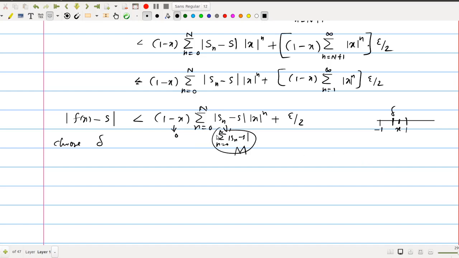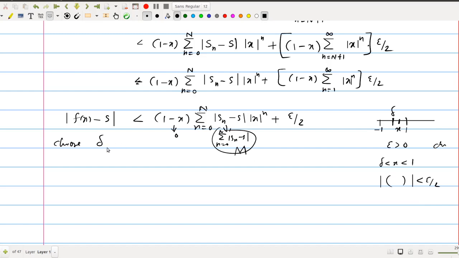So for any epsilon greater than 0 we can choose delta such that for delta less than x less than 1, the modulus of that whole quantity is less than epsilon by 2.